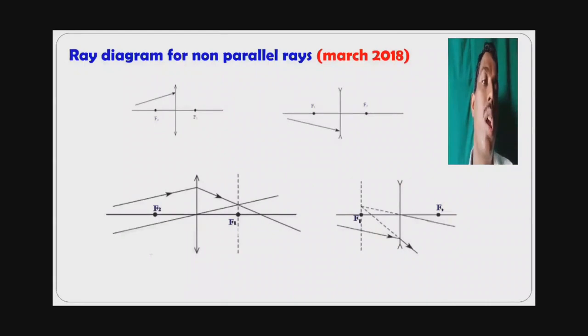So draw a refracted ray such that it appears to diverge from the focal plane and the point of intersection of the parallel ray. This is the complete ray diagram for non-parallel rays.